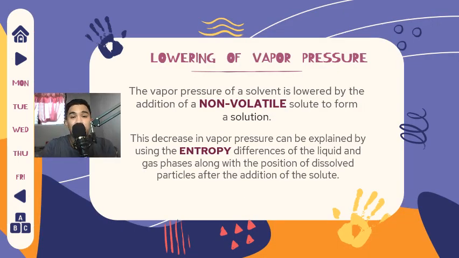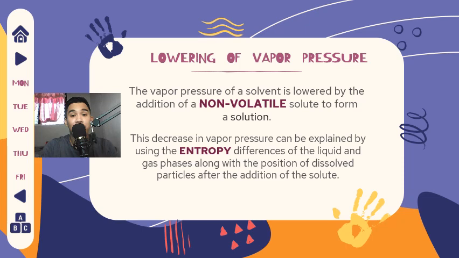I mentioned volatile a while ago, so this time we are going to proceed with the main effect of non-electrolyte solution on the vapor pressure. It actually lowers the vapor pressure.